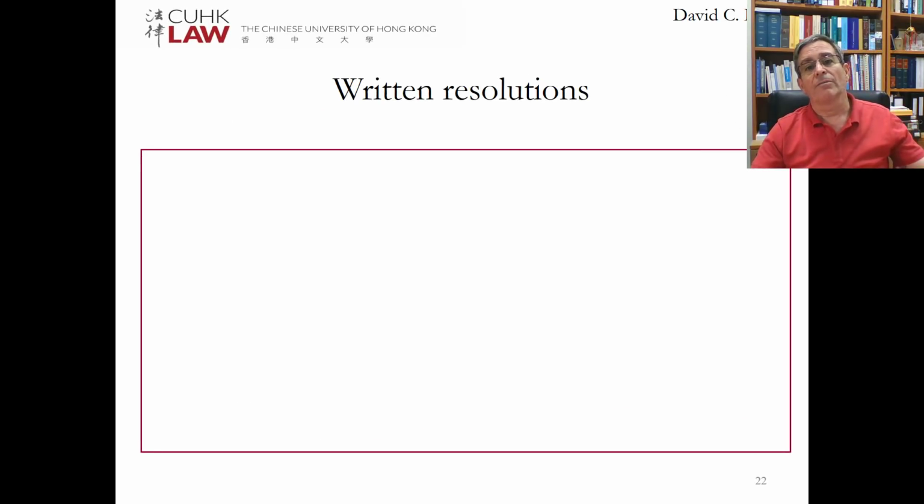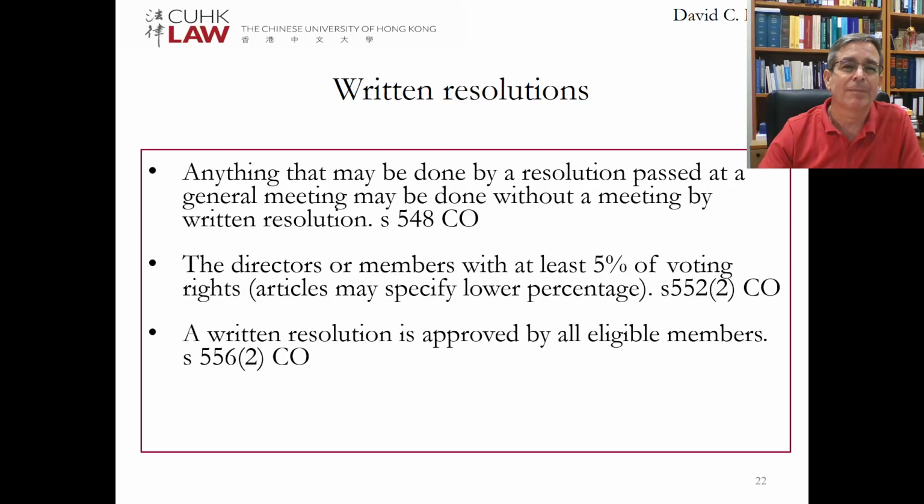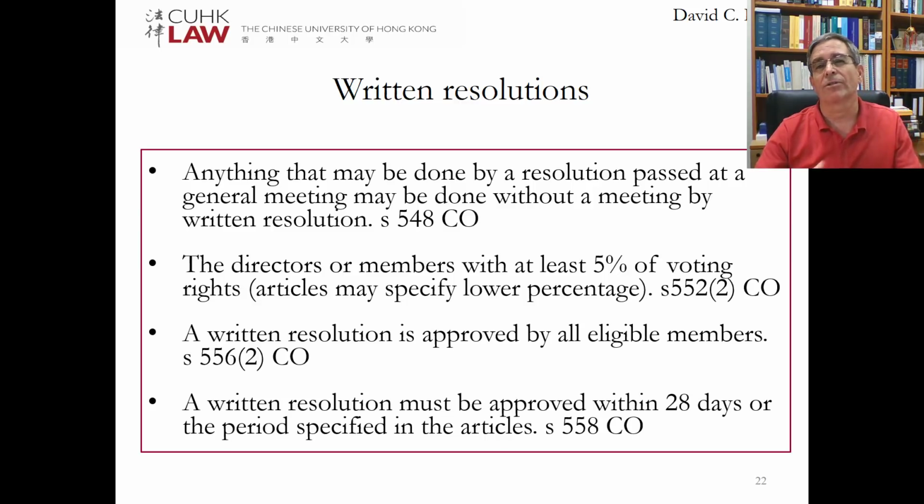So written resolutions are something that we have not discussed yet. And written resolutions are essentially the email copy to all. So we send an email to everyone on the list, and we ask everyone on the list to decide on whether the proposal in the email is correct and acceptable. And the significant difference with written resolutions is they must be approved unanimously.